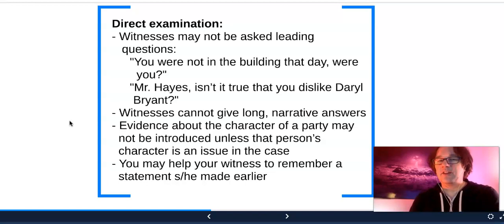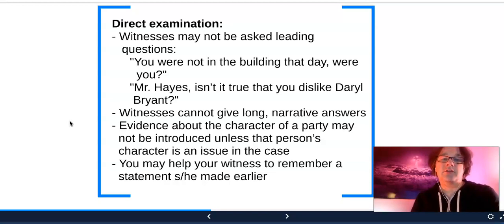But if it doesn't have anything directly to do with the case, then you can't bring in somebody's past sexual history or their past gambling addiction or something, unless it's somehow relevant to the case at hand.